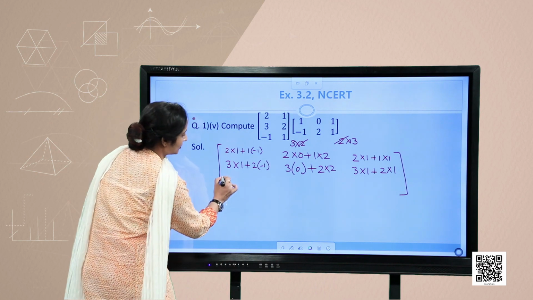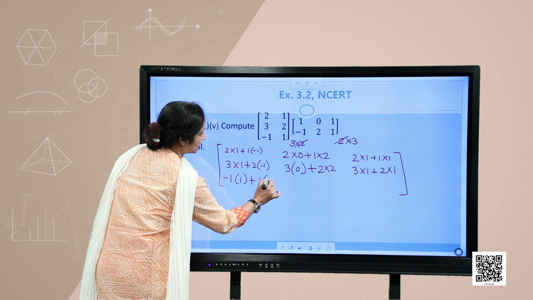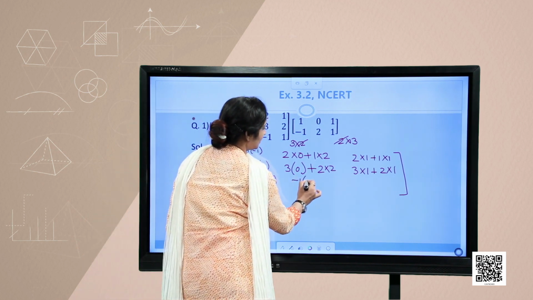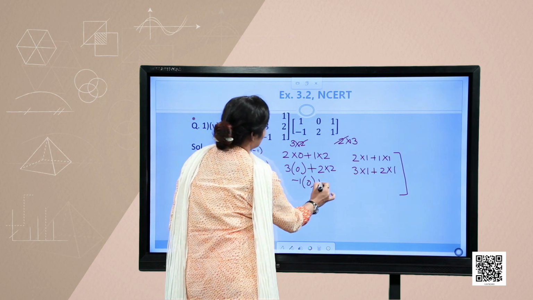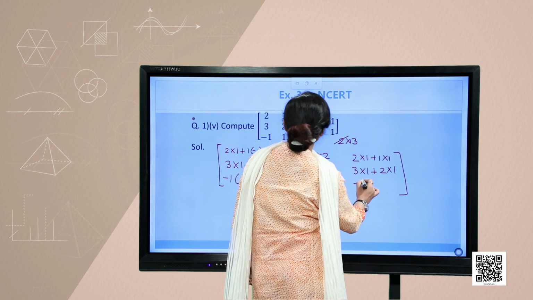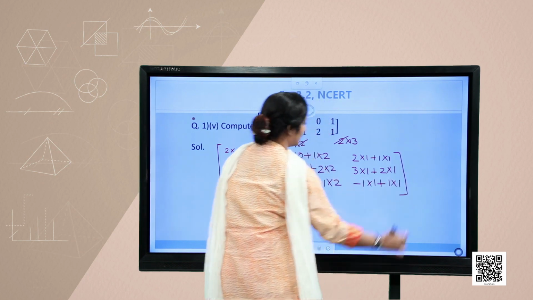And for the last row, minus 1 into 0 plus 1 into 2. Then the last element is minus 1 into 1 plus 1 into 1.